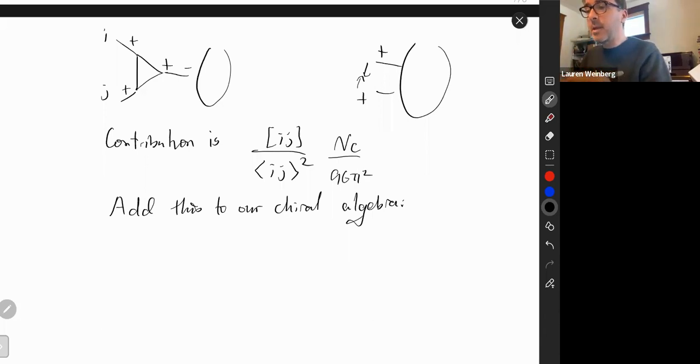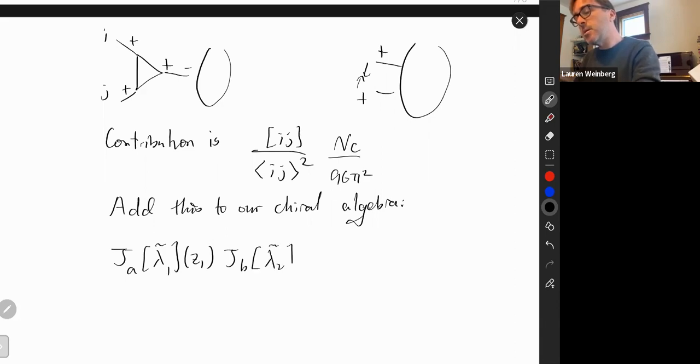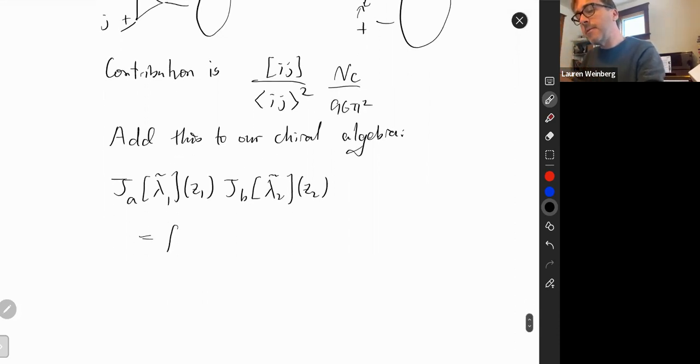Because it's something where two pluses become a minus, it's going to be J1 J tilde lambda 2 tilde c2 equals f^{abc} 1 2 times c1 minus c2 squared.